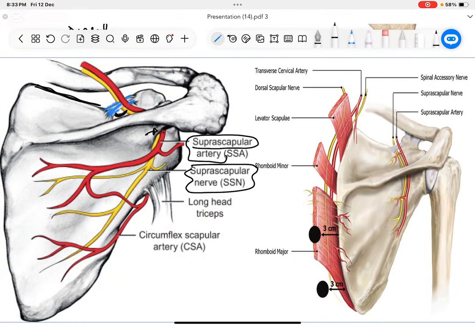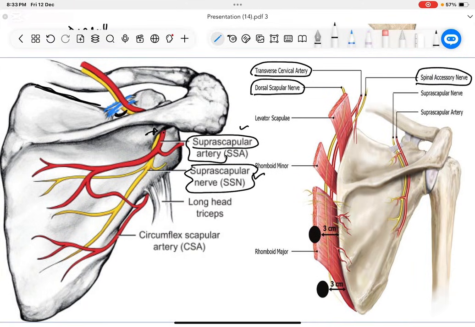Surgically, if the area gets injured, there will be injury of the suprascapular artery and suprascapular nerve. Another relation is on the medial border of the scapula. You can see the medial border of the scapula has relations with the dorsal scapular nerve, transverse cervical artery and spinal accessory nerve.